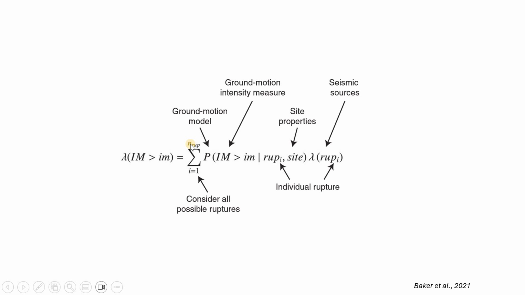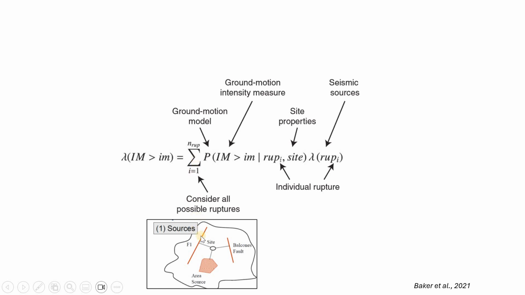So all the different rupture scenarios, and then for each rupture scenario, we are going to multiply the frequency here, so this is that source model, by the ground motion model. You know, what ground motion is being produced by some given frequency.